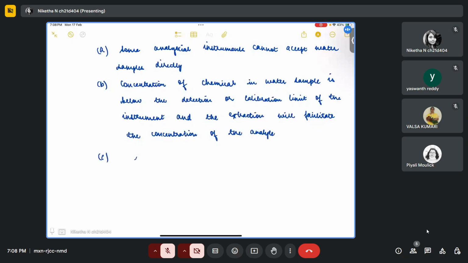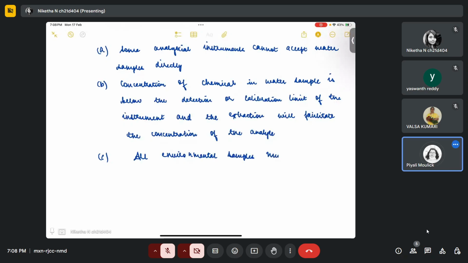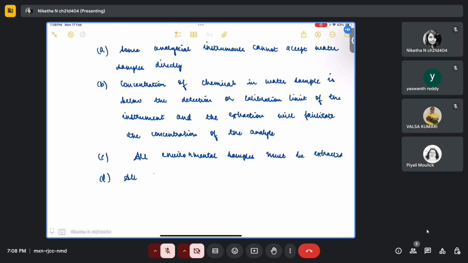Third option, all environmental samples must be extracted. Fourth option, all standards mention that all water samples must be extracted.